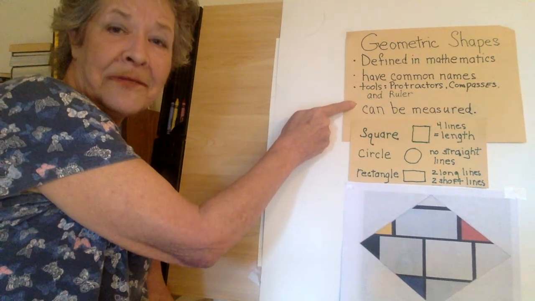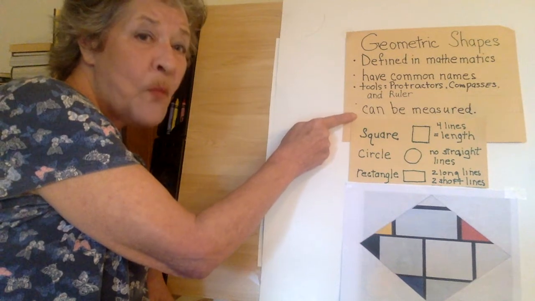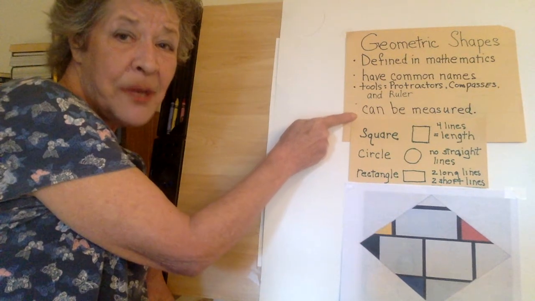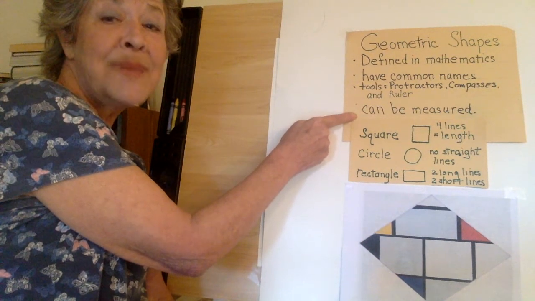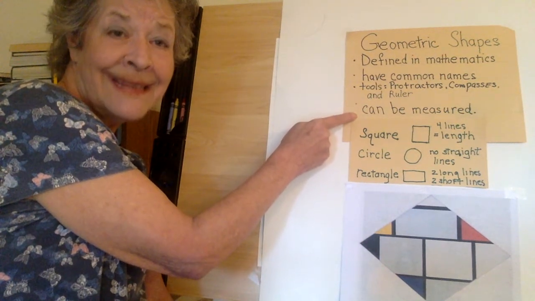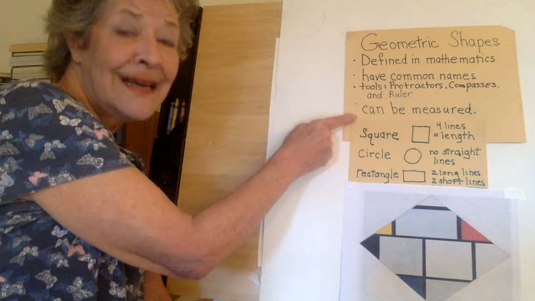I'll talk about those tools in a little bit. And the one thing about geometric shapes that is important is they can be measured. They can be measured. All right.